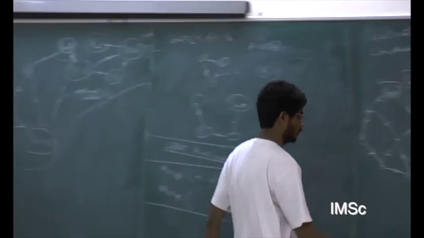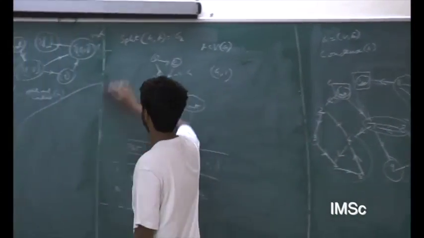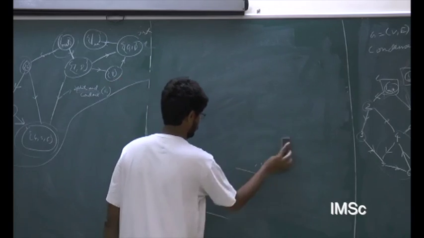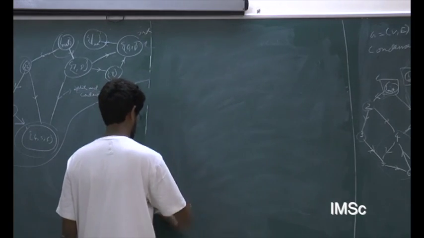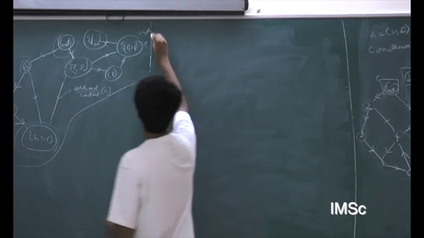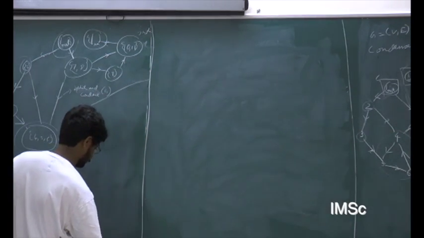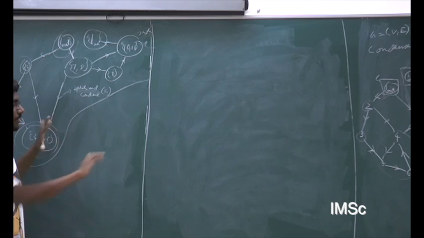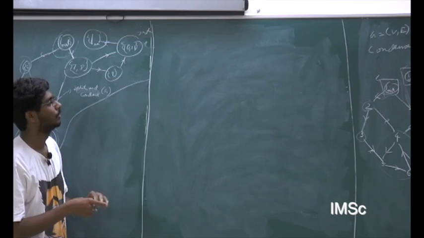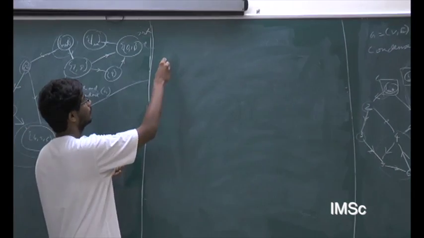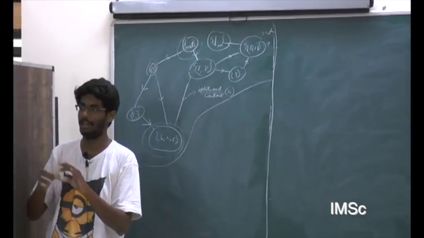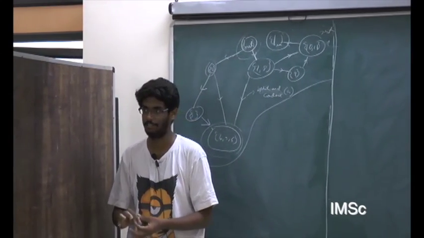So I'll erase this. Leaving these things aside, here is one more, somewhat smaller overview. Let's look at the entire picture. What we want is to have transitive closure for any general graph.